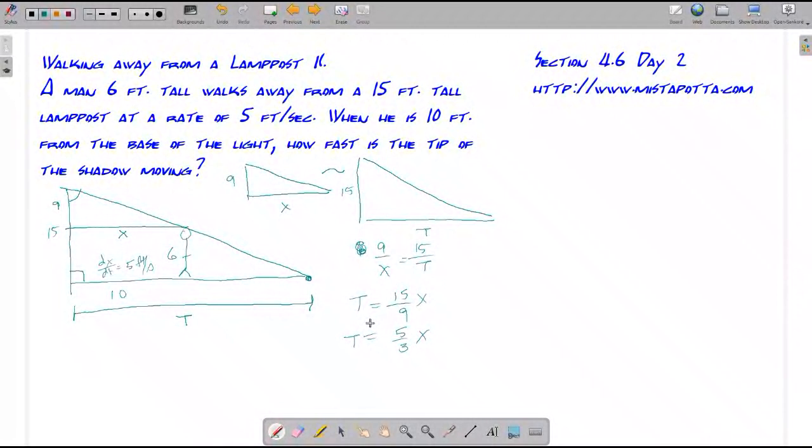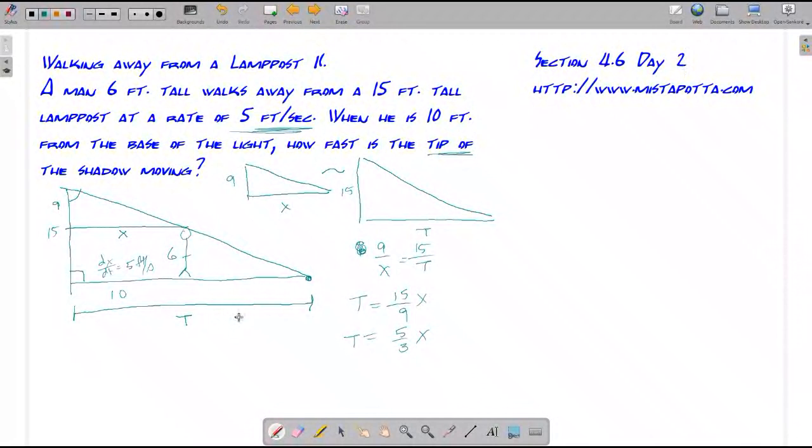Remember, step 1 is always coming up with a model that relates the two variables here. Here my variables are 1, how he's walking away from the light post, and 2, where the tip of the shadow is in relation to the light post.